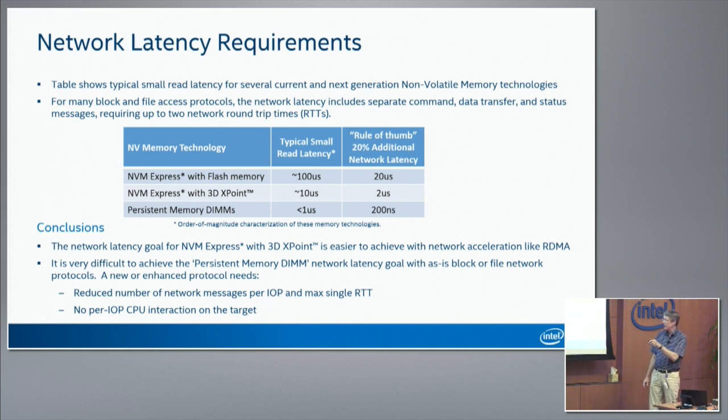As we move down to NVM Express with 3D crosspoint, now we're getting down into 2 mics of network latency, which is starting to get difficult. And then down in persistent memory DIMM land, 200 nanoseconds is a goal that you would have. Well, that becomes very difficult. 200 nanoseconds is 60 meters at the speed of light.